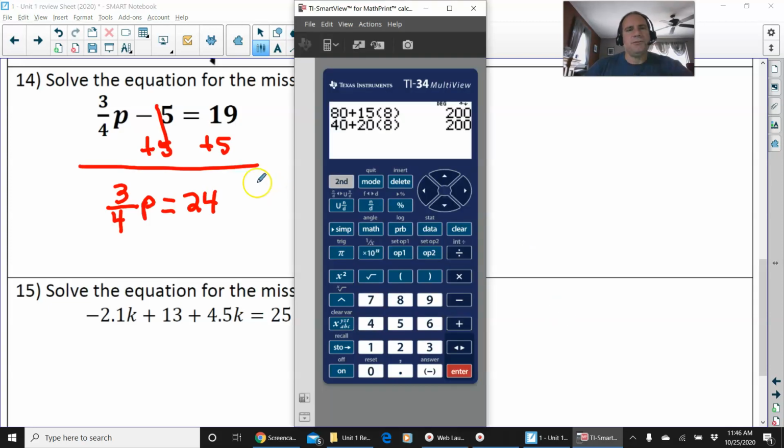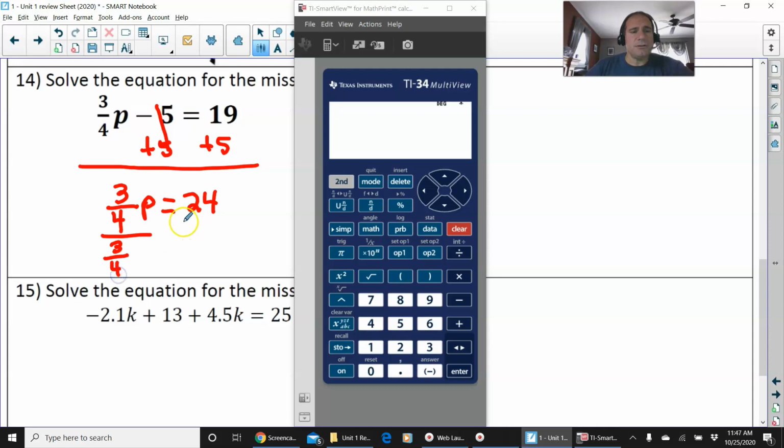So I just wanted to come back here and say that a lot of people, probably most students, will divide at this point. When you add 5 on both sides, you would get 3/4 p equals 24. I'm going to show you that you could do this directly in your calculator.